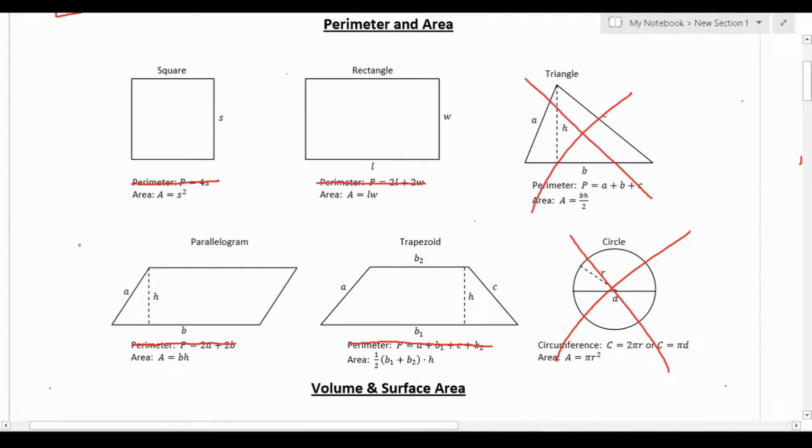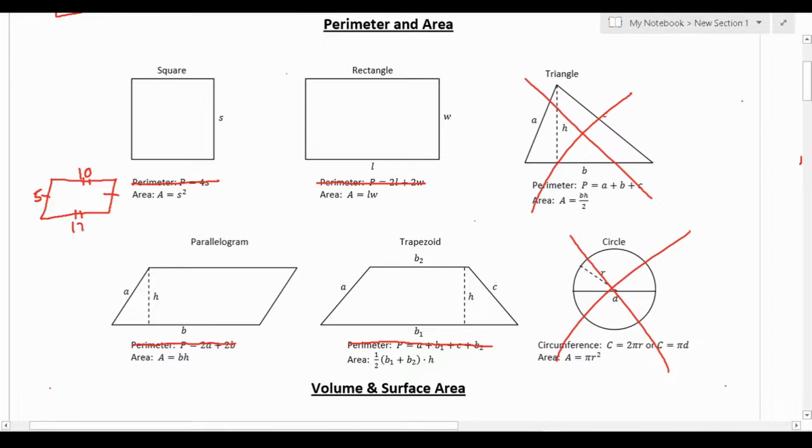So for example, if I had this parallelogram here, and let me try to draw it right here, and it had this side of 5 and this length of 10, and I asked you to find its perimeter, you could rely on this formula to do so. But that said, you should recognize that in a parallelogram, this side and this side are equivalent, and this side and this side are equivalent.